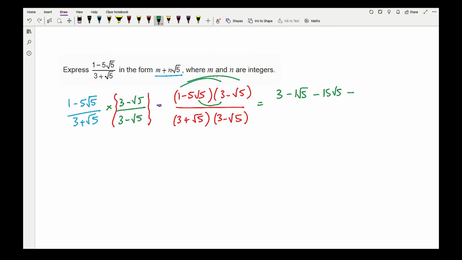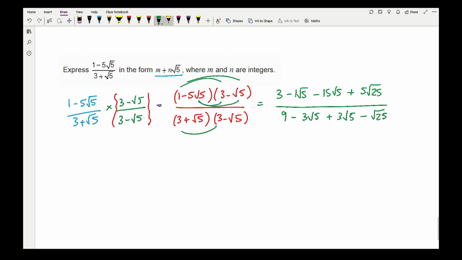And then minus 5 times minus root 5 multiplied by minus 5 is going to give me positive, and it's going to be 5 root 25 over, and then multiplying the denominator out, I've got minus 3 root 5 plus 3 root 5 minus root 25.